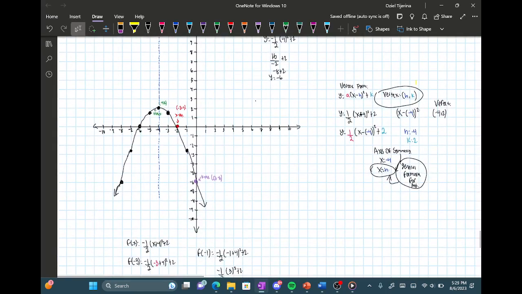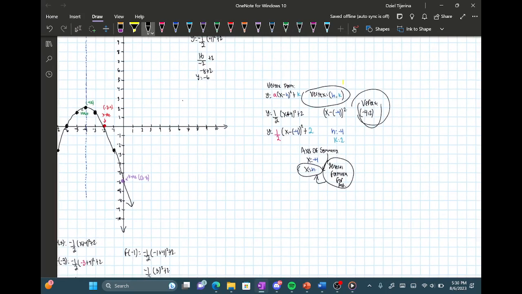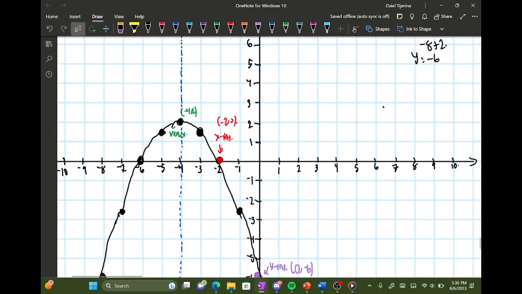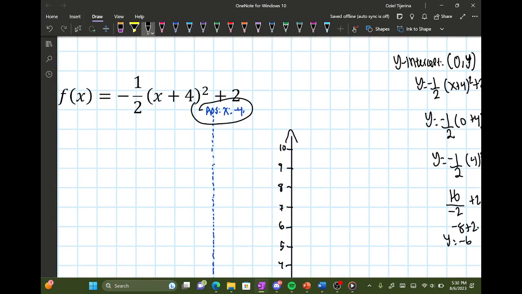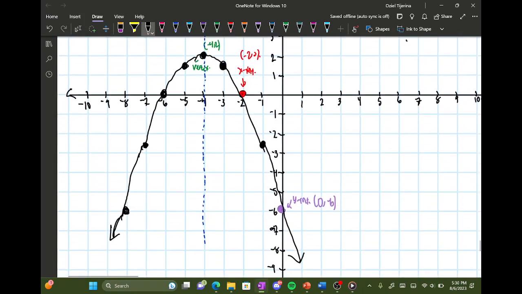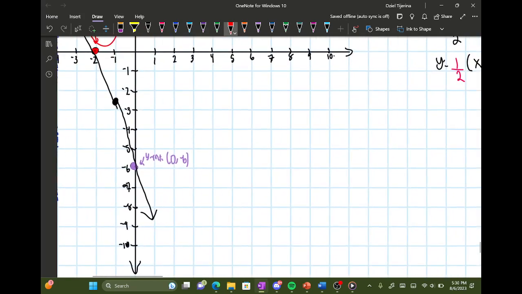And like we said, the vertex was negative 4, comma 2, right? And then the axis of symmetry was x equals negative 4, which we labeled in blue, just right here. And for the x-intercepts, I did name one. The other was going to be at negative 6, comma 0. So there's another x-intercept.